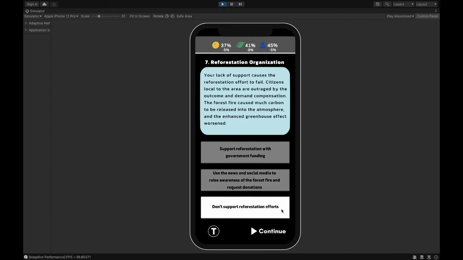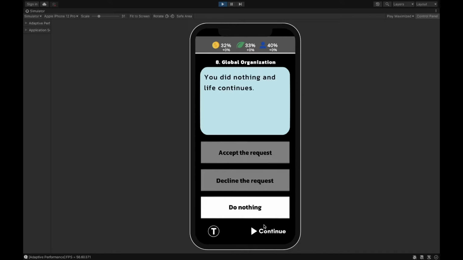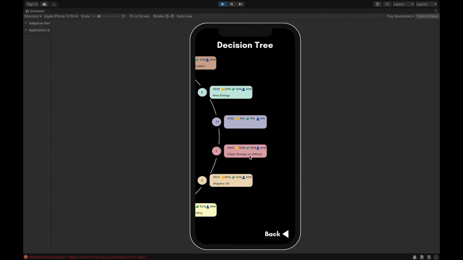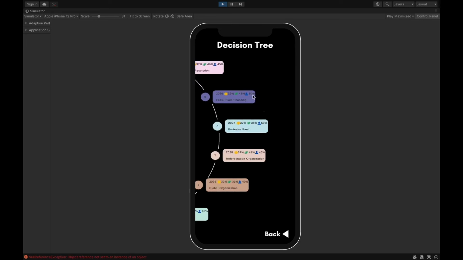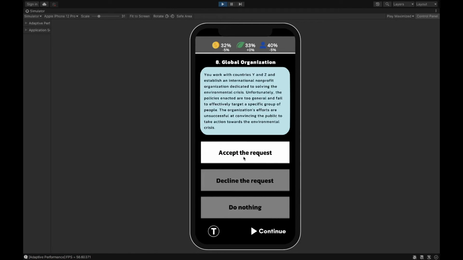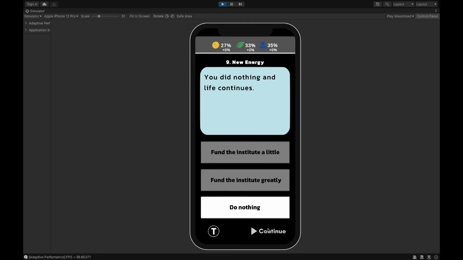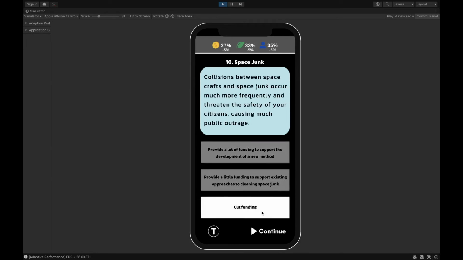If we don't support reforestation efforts, if we do nothing, or nothing and life continues. I actually know from last game that the global organization accepting the request did worse than actually doing nothing. We do nothing here, did nothing and life continues. And if we cut funding, all goes down by 10.